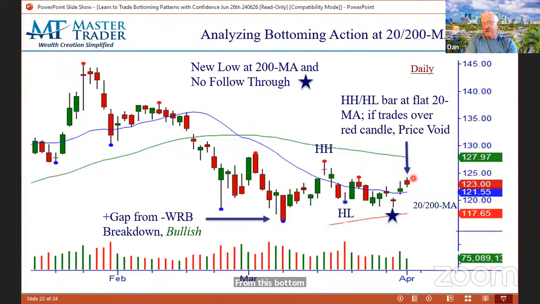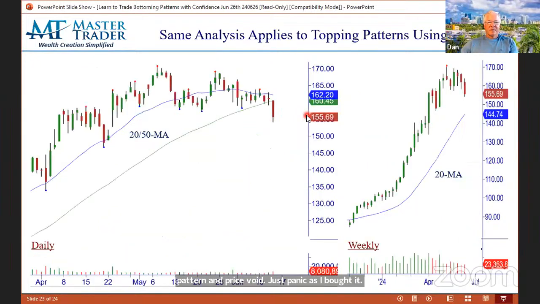And we traded it. We gave this to subscribers. I think I would have to go back and look, but I think I gave a target of 135 from this bottoming pattern and price void. Just eyeball it, 135. We don't have to talk about this, but this is our last slide.